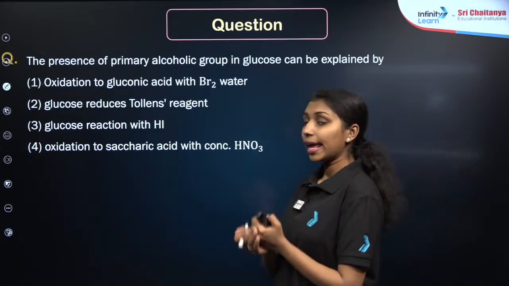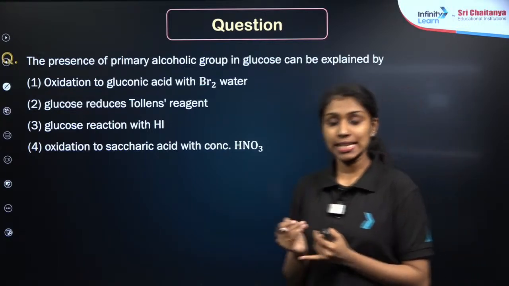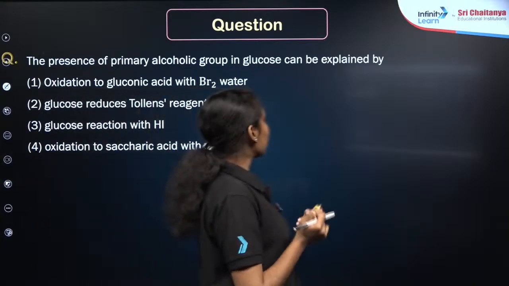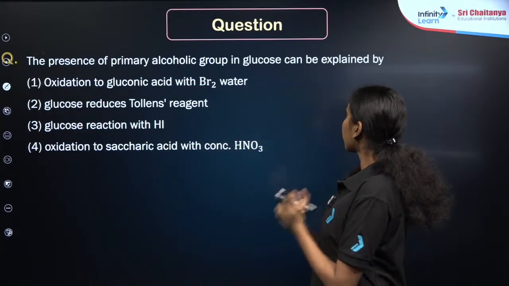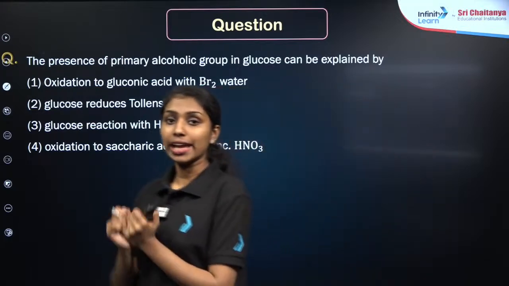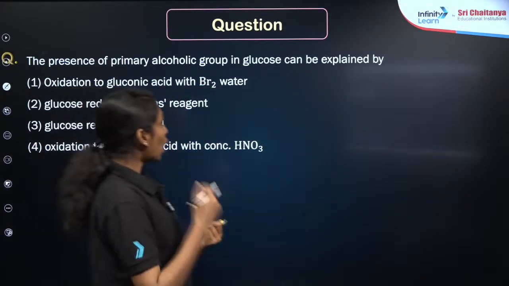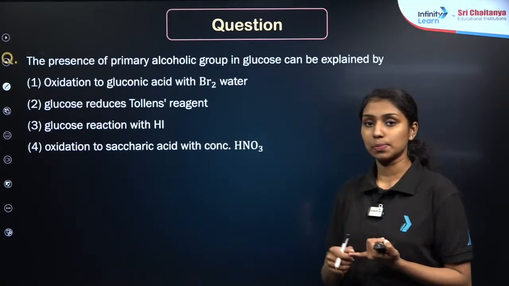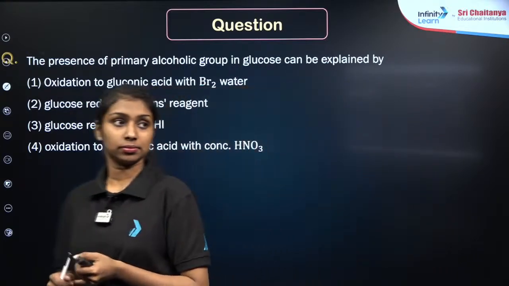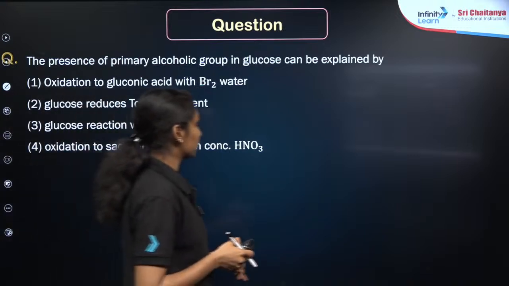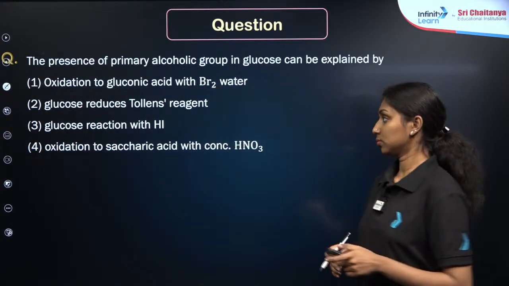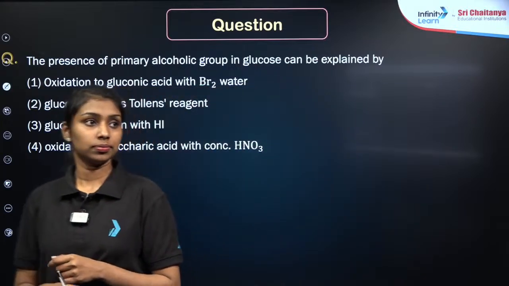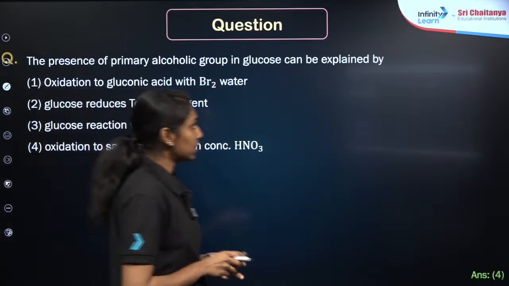Okay, here is the next question, again based on the evidences for the open chain structure of glucose. The presence of primary alcoholic group in glucose can be explained by. Different reactions are given here. You have to identify how we can predict the presence of a primary alcoholic group in the glucose molecule. Option 4, right?